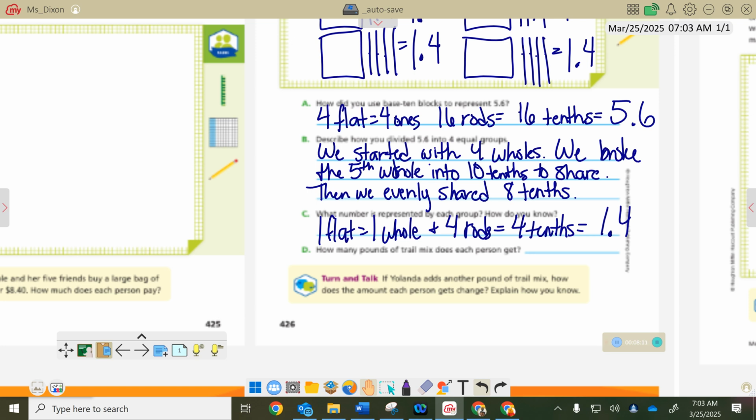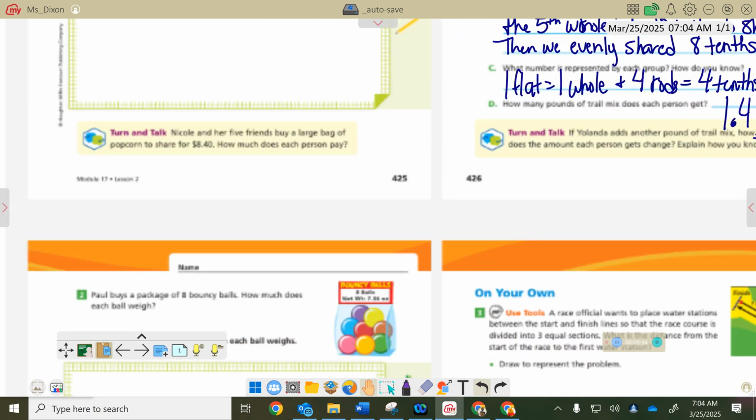How many pounds of trail mix does each friend get? 1 and 4 tenths pounds. Make sure you are finishing your phrasing when you are answering your question. All right, let's move on to page 427.